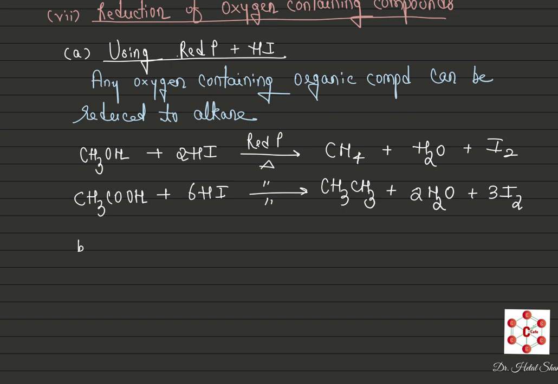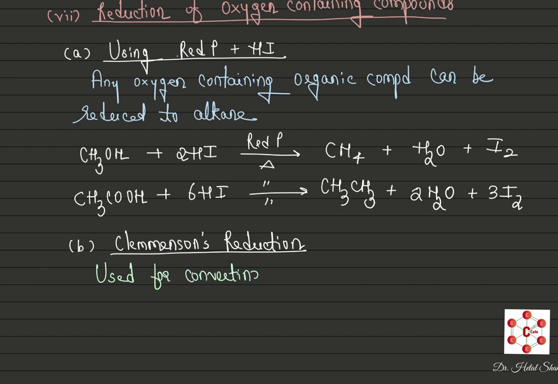Next, it is Clemmensen reduction, used for converting aldehydes and ketones to alkanes.